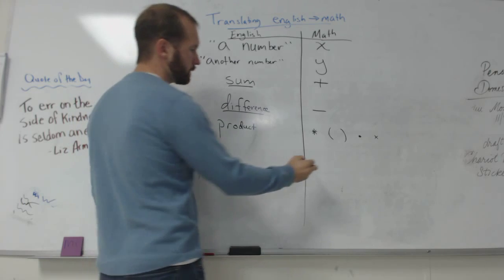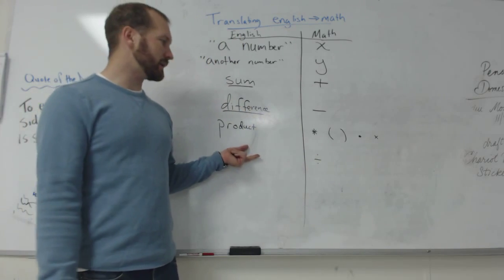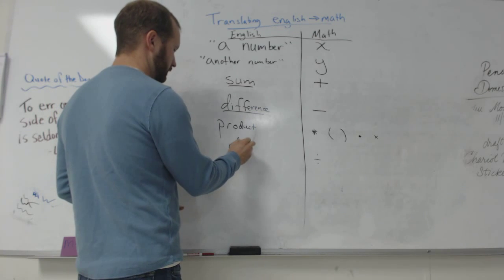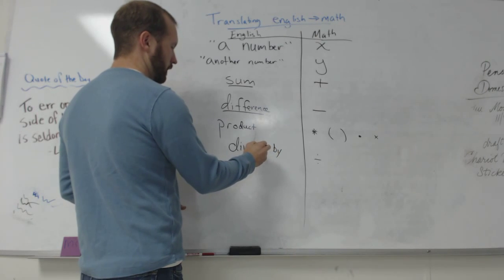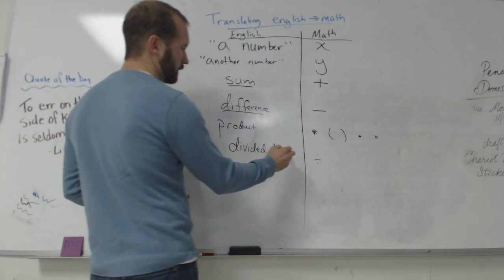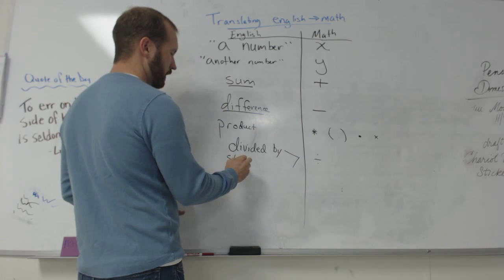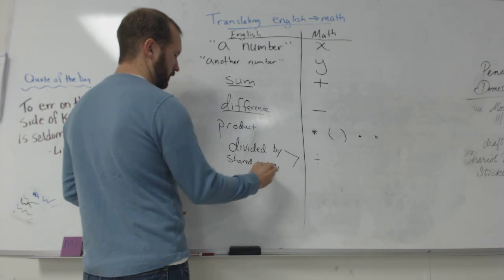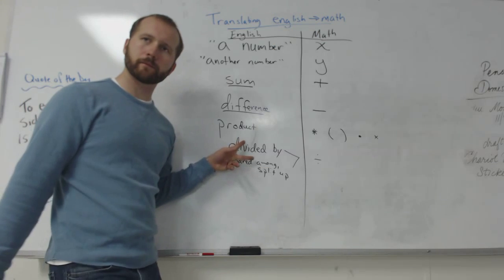Now division is a little harder. Sometimes you might see "divided by." But you also might see words like "shared among" or "split up." We're not going to talk too much about this today.